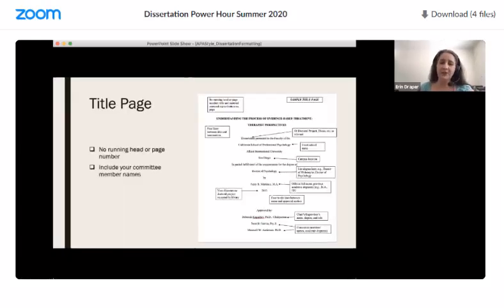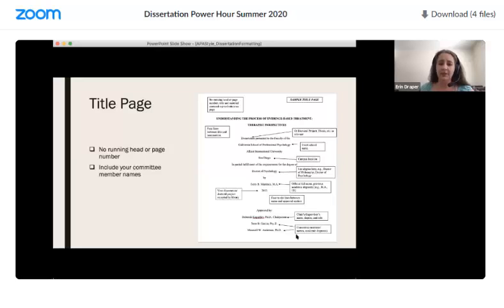So here is the title page. You'll see samples all over the place. There is no running head on your title page or page number on your title page. This is the only page in your document that's not going to have those. There is a feature in Word called different first page. For headers, that's what you'll want to use. You also want to include your committee member names on your title page.